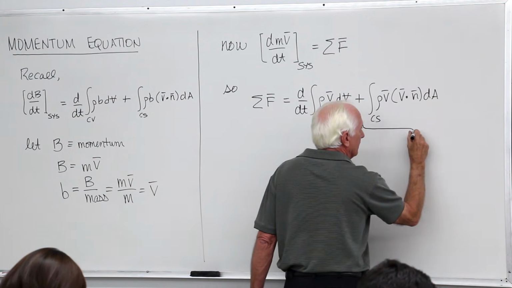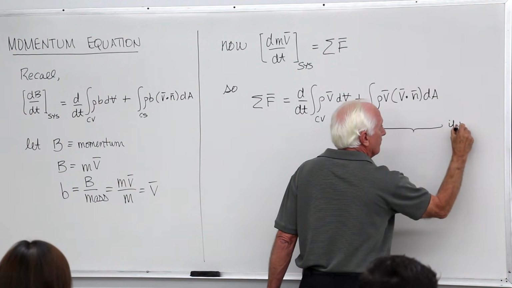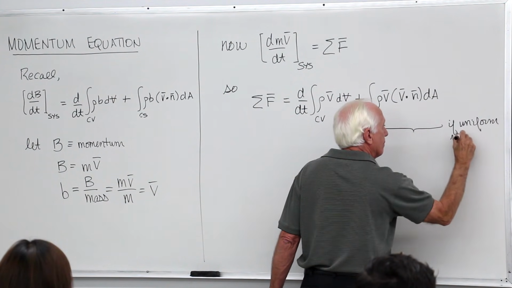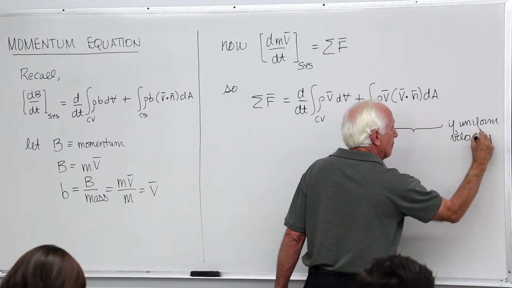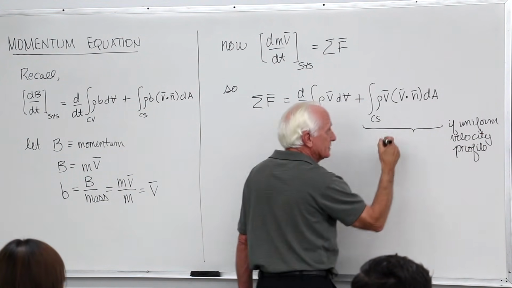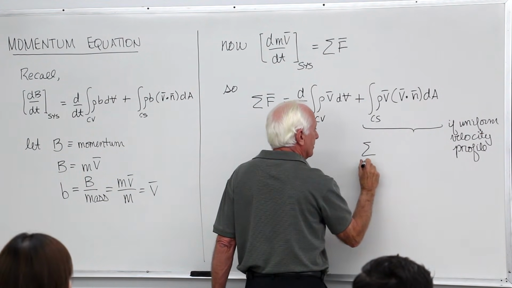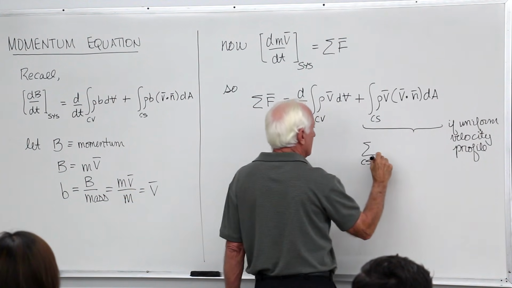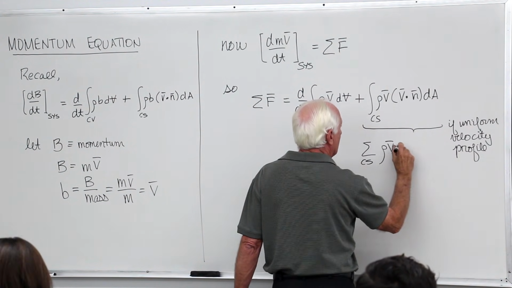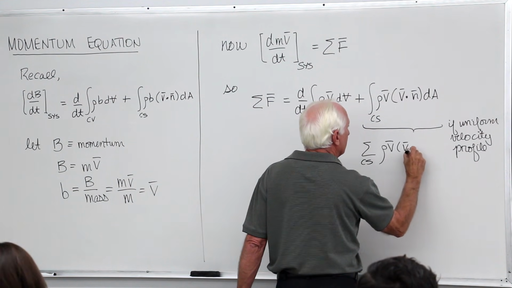Again, if uniform velocity profile, this simplifies to the summation over the control surface of rho v, and this is our v dot A.